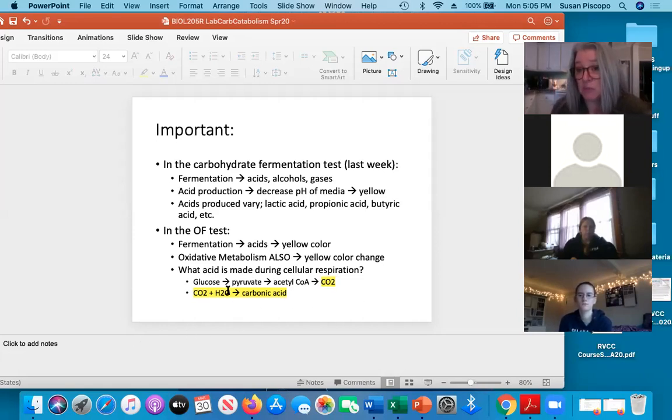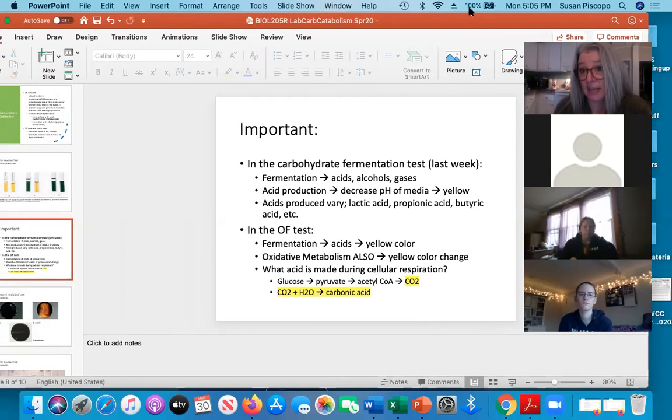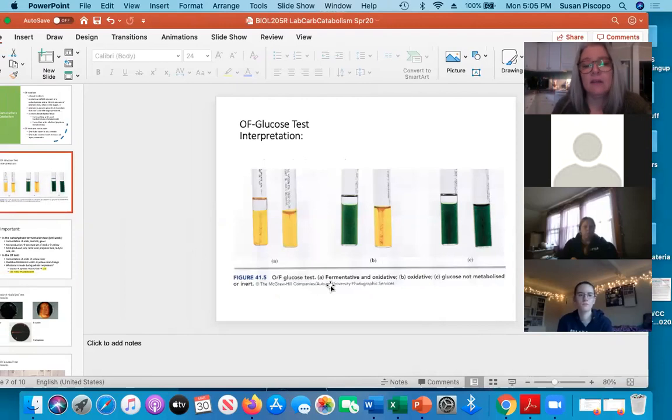Both of those terms mean the same thing. So yes, when you're looking at the OF test and you see a yellow color change in the open tube, the tube that's exposed to air, we say, oh, this is the oxidative tube.